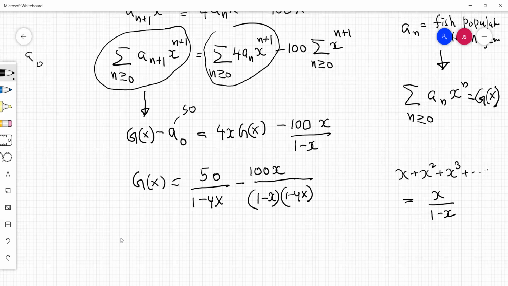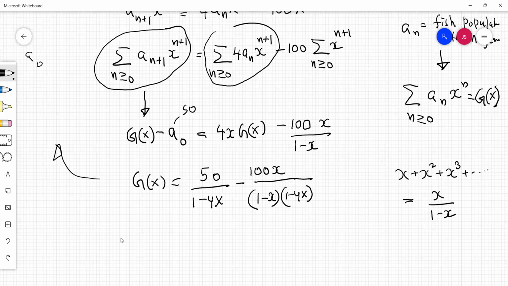But the problem is, without expanding this one, you cannot find the coefficient a, right? So of course, all the information is included in this generating function. What does that mean?